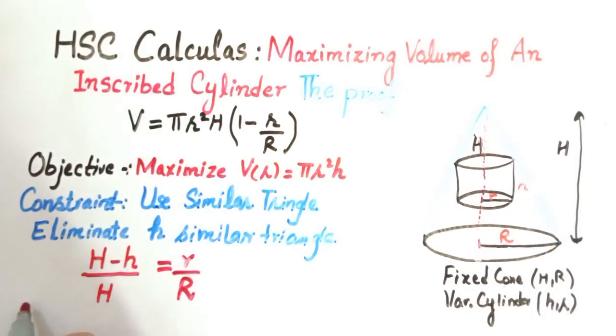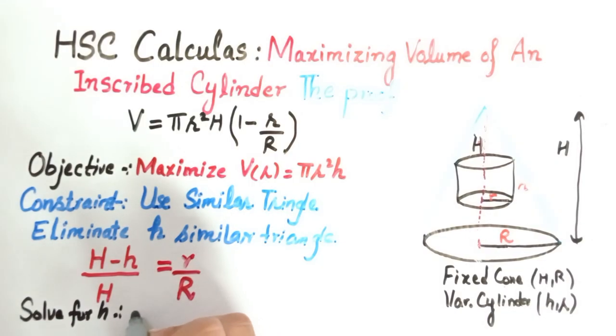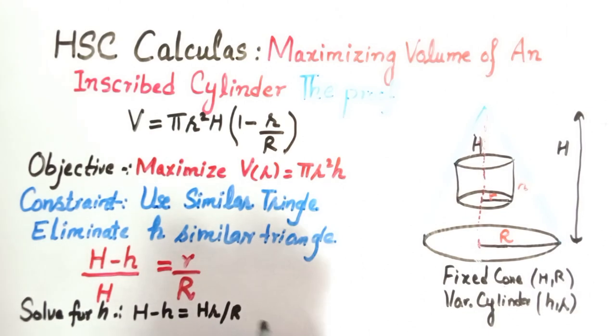Now we have to solve this for small h. What will we get? Capital H minus small h equals Hr divided by R, cross multiply.